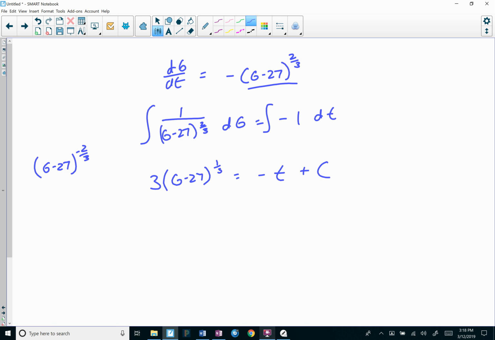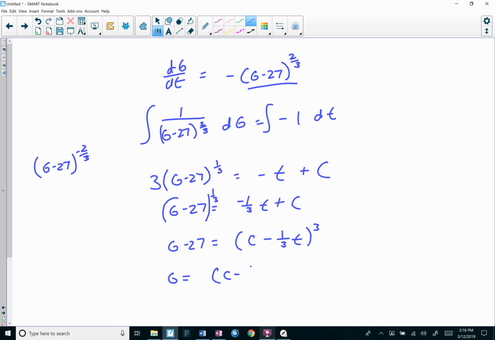Now let's start working our way to solving for g. So divide by 3. Now c divided by 3 is still c. Oops, sorry, I dropped my 1/3. Let's do that over again then. Okay, so we'll cube both sides. I'm going to go ahead and write this as c minus 1/3 t, cubed. Add 27. Now I need my initial condition.